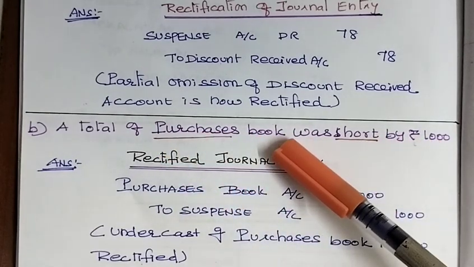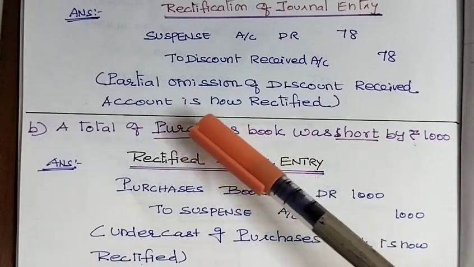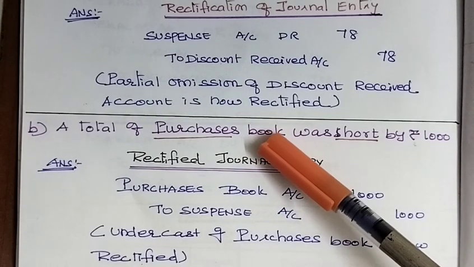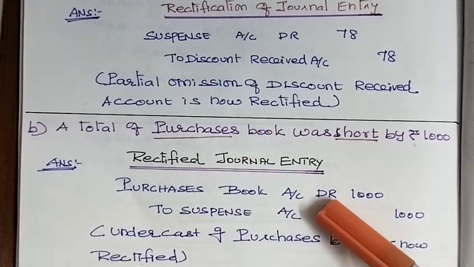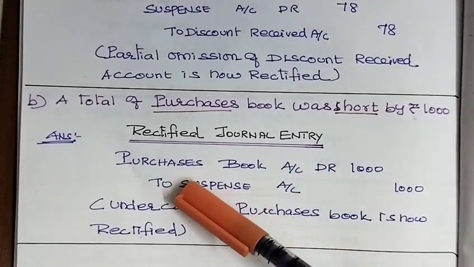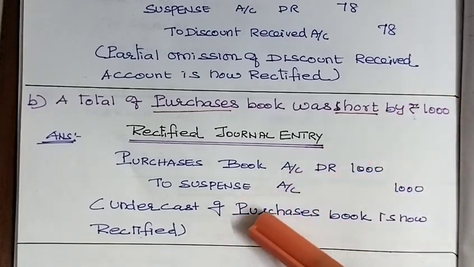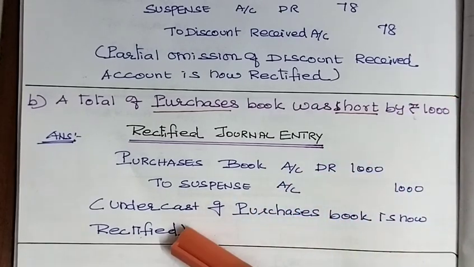Purchases book. Where does the purchases account show in a journal entry? Purchases account always shows on the debit side. So purchases account debit to suspense account 1000 rupees. So the undercast of the purchases book is now rectified.